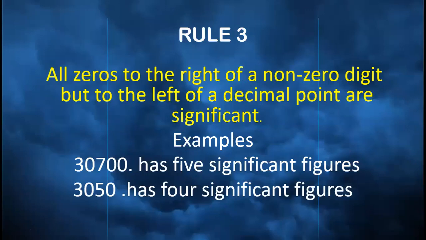Rule number 3: all zeros to the right of a non-zero digit, but to the left of the decimal point, are significant. So all the zeros to the right of the non-zero digit and to the left of the decimal point are significant.